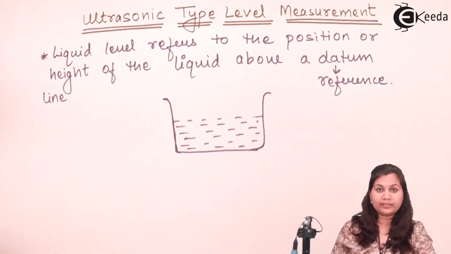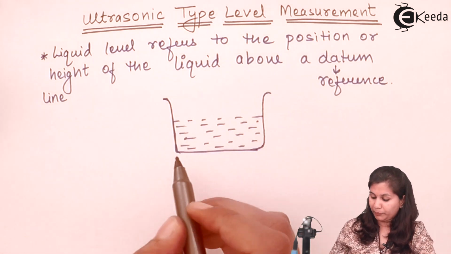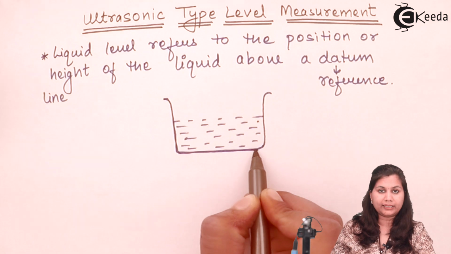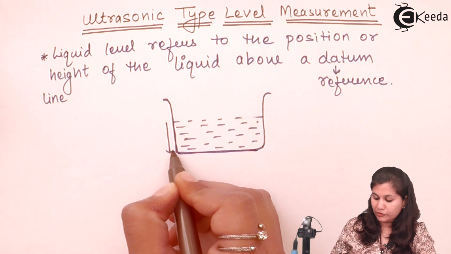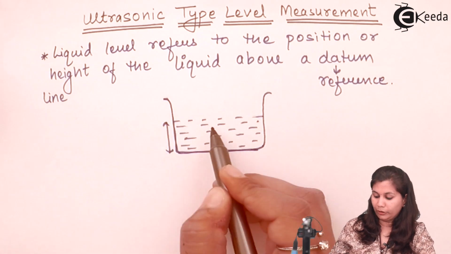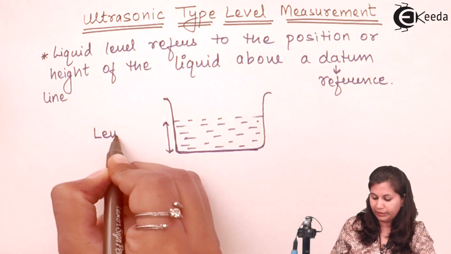To find out how much liquid is present in this container, we find the level of the liquid. What we do is take the bottom of the container as our reference line, and the height or the position of the liquid above this reference line is the level of the liquid.